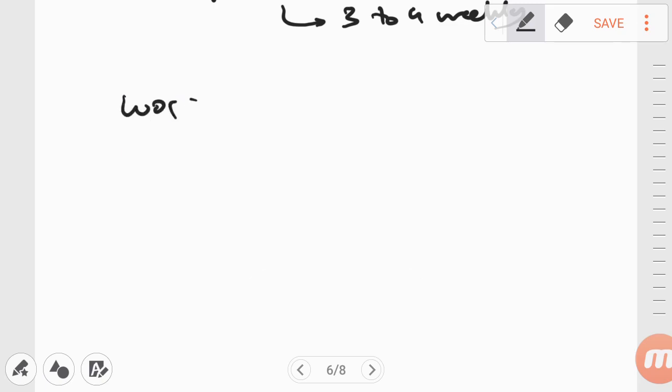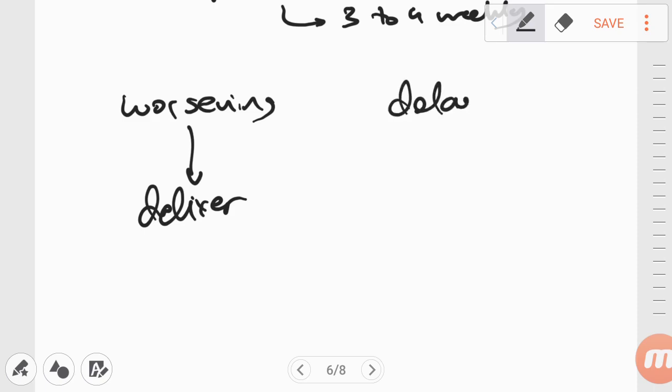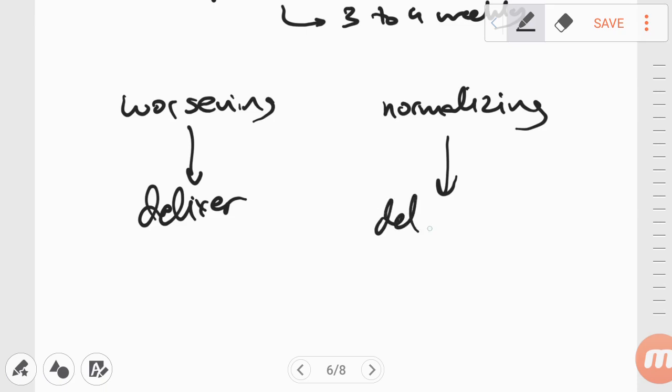If the situation is worsening, you deliver, because you don't want the child to go through more complications during their fetal life, and you delay the delivery if all biometry values indicate normal values. So if the values are normalizing, that means the fetus is probably growing well. Then you delay the delivery and you allow the fetus to grow further.